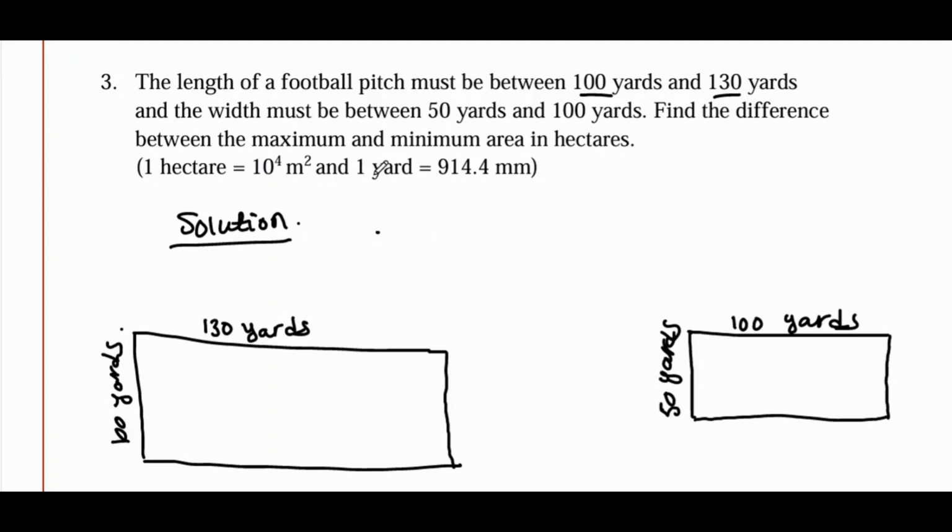Now, since we have the first conversion factor here, that 1 yard is equivalent to 914.4 millimeters, we have to change them into millimeters first.